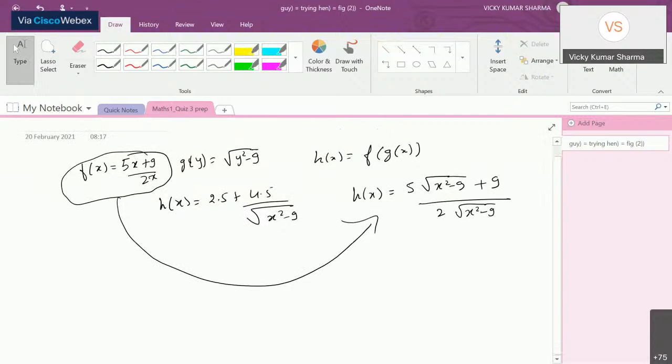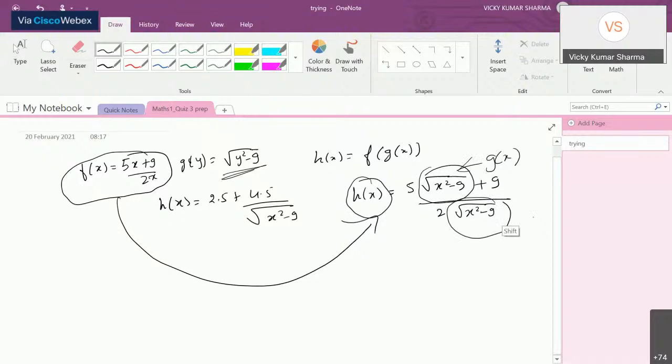But you have to understand here, the range of g of x is in the h of x, and now h of x is the new function, right? Because this part is g of x, and this part is g of x.